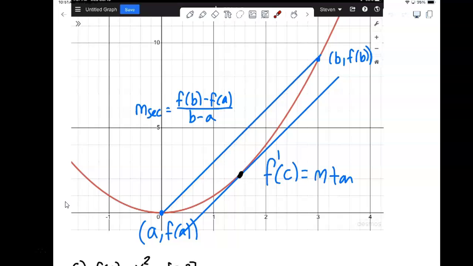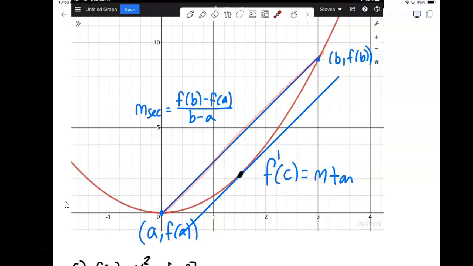And then what the mean value theorem says is if your function's differentiable and continuous, it's guaranteed to have a point where the tangent line is parallel to the secant line. In other words, the tangent line has the same slope as the secant line. And that's the result that we're using here.